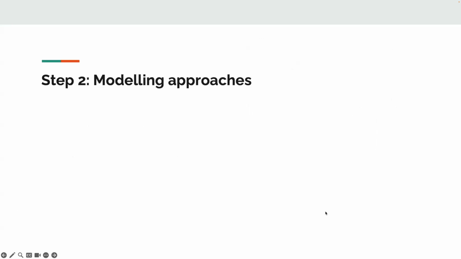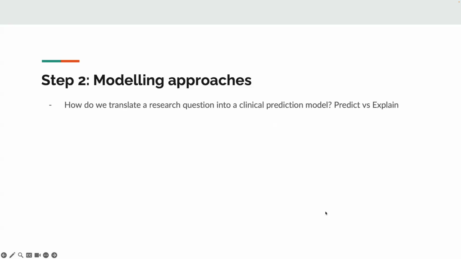So for the modeling approaches, I think the most important thing when we think about choosing the right model is how can we answer our research question? And the big thing there is predict versus explain. Often when we make a prediction model, there might be some strings attached. For example, the person who might want to deploy the model needs to be certain how the relationship of X is to Y. If this is the case, then we cannot really use a very much black box model because then you cannot see this relationship.